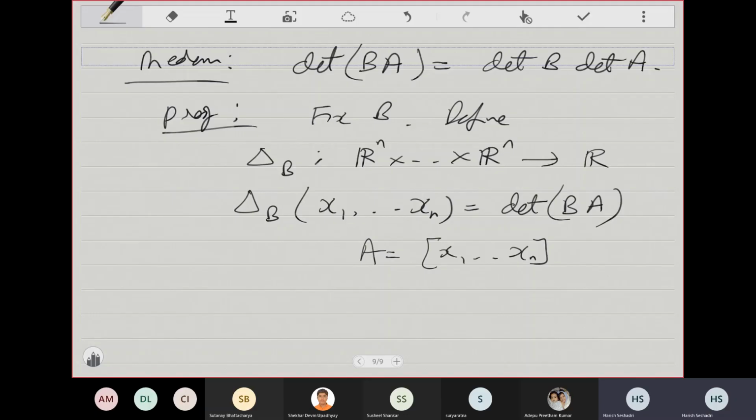Now, the columns of BA are Bx1, ..., Bxn, right?